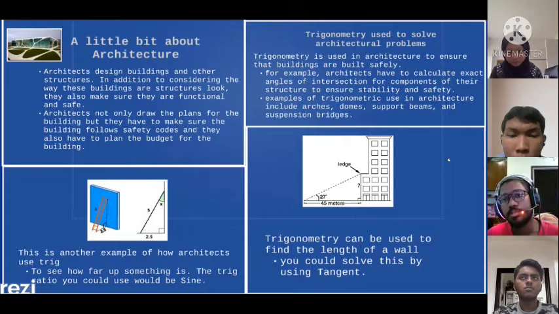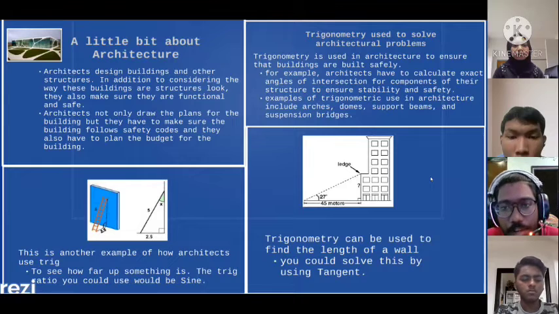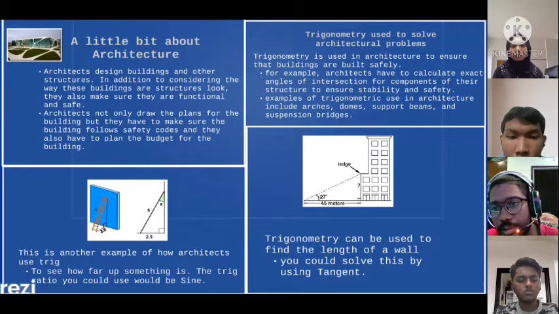Trigonometry is used to solve architectural problems. Trigonometry is used in architecture to ensure that buildings are built safely. For example, architects have to calculate exact angles of intersection for components of their structure to ensure stability and safety.